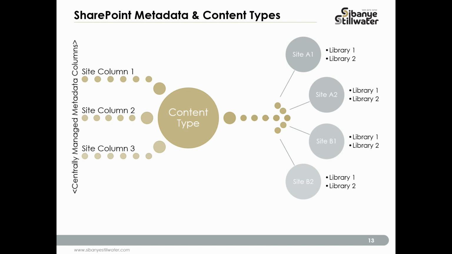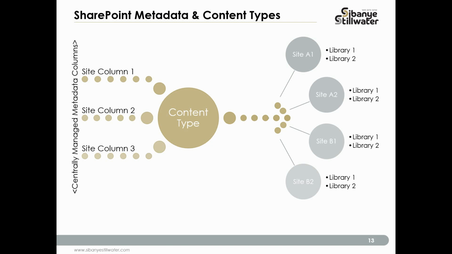I may have a column dedicated to the attendees list, for instance, and so on and so forth. Those columns are pulled together into that single content type called a meeting document, and is then made available to every site in SharePoint to reuse in their libraries.